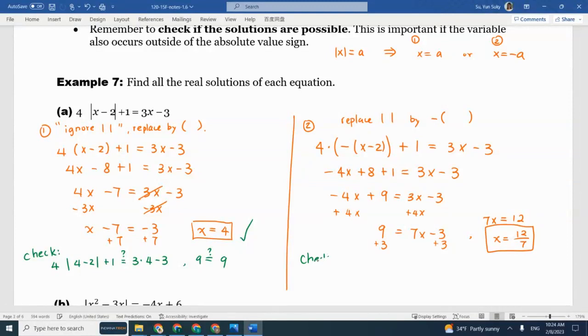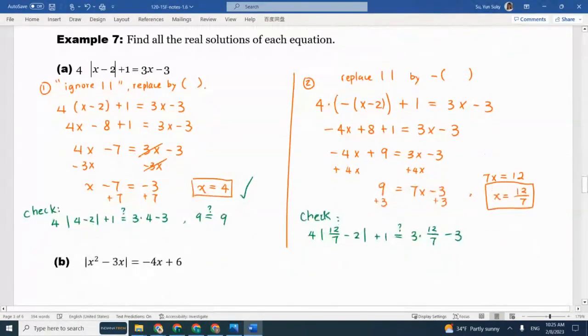Now, how about the other one? So we check. We plug in the original equation. We get x is 12 over 7. We want to ask, is this equal to the right-hand side?